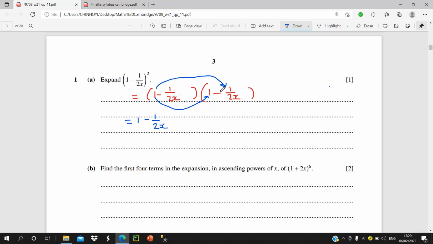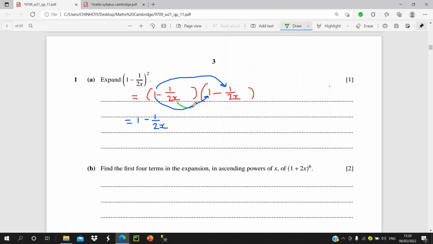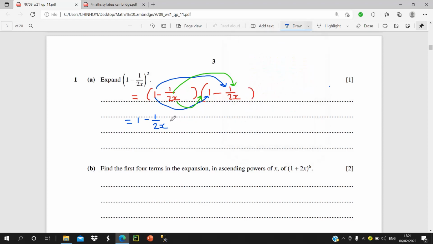Then we are going to take this one times 1, and that times this one, expanding those 2 brackets. So we are going to have a minus 1 over 2x again, then multiplying this negative with this negative.